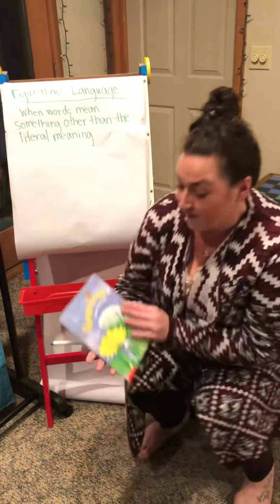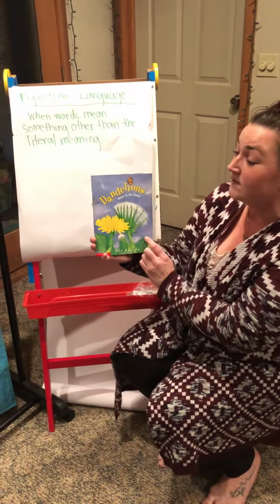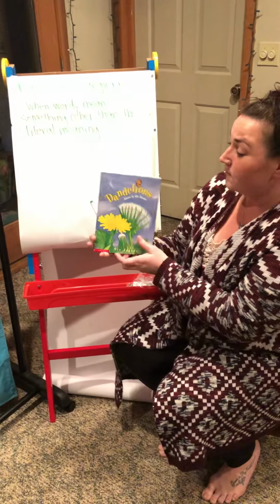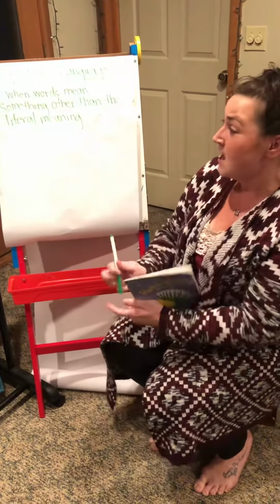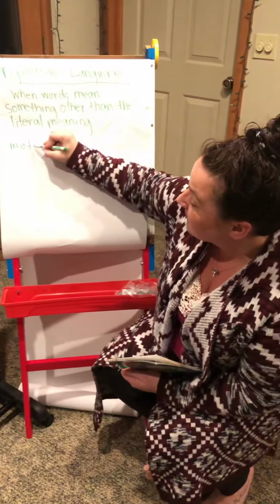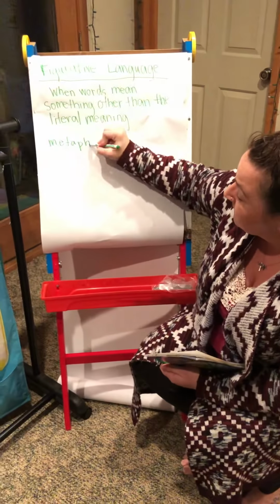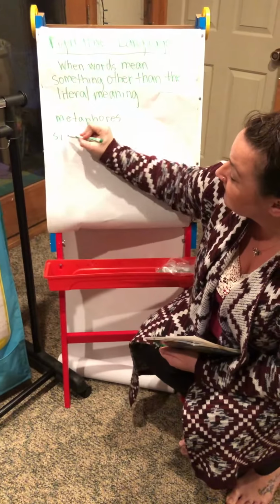So I have a book called Dandelions, Stars in the Grass. So this author is going to be using two different things. They're going to be using something called metaphors and something called similes.